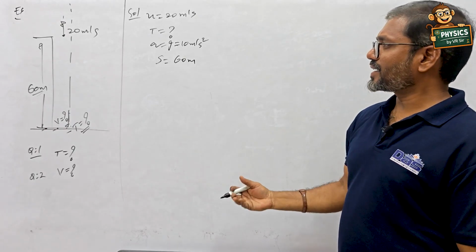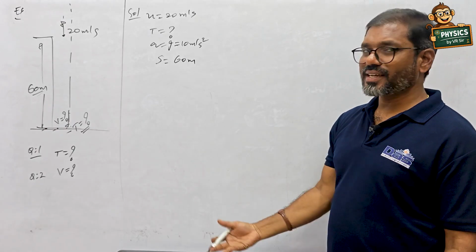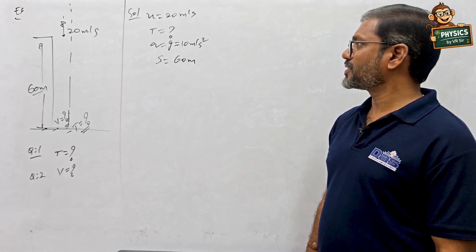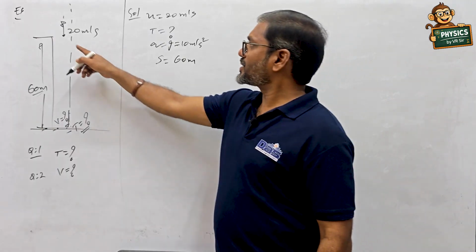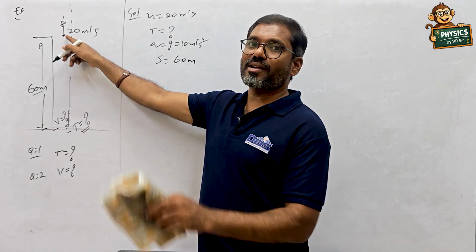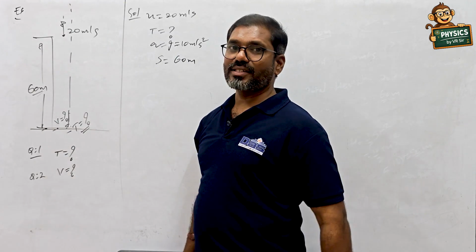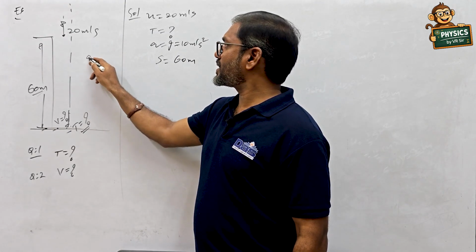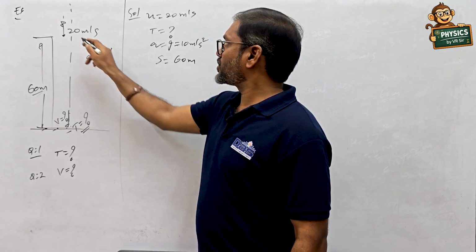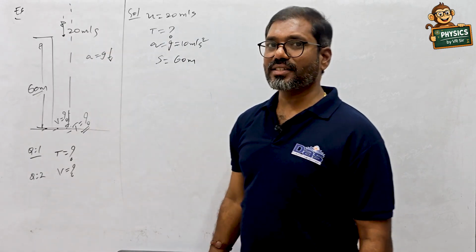Now is there any sign convention to be taken care of? Yes. Because the object initially is moving upward and again turning back and coming down, so it changes its direction. Therefore, the initial velocity is opposite to the direction of acceleration.